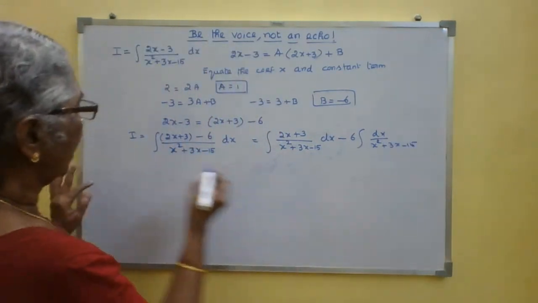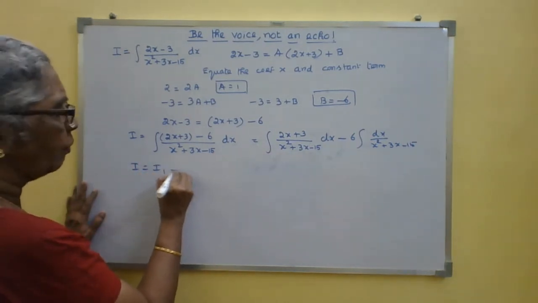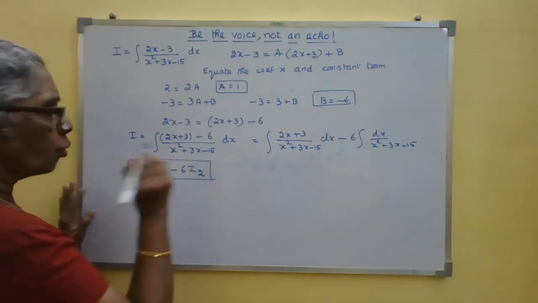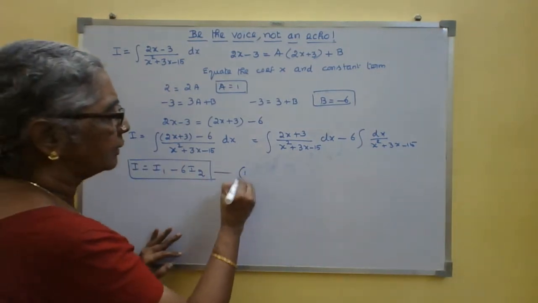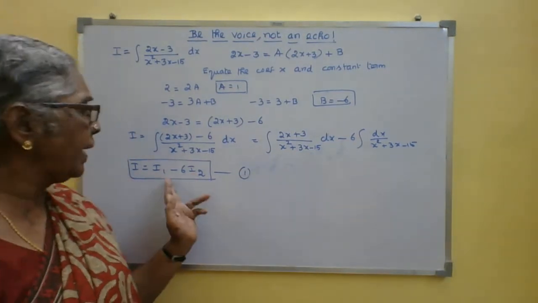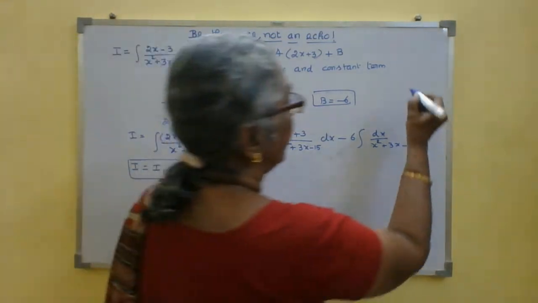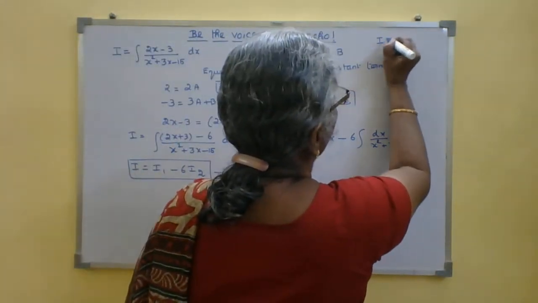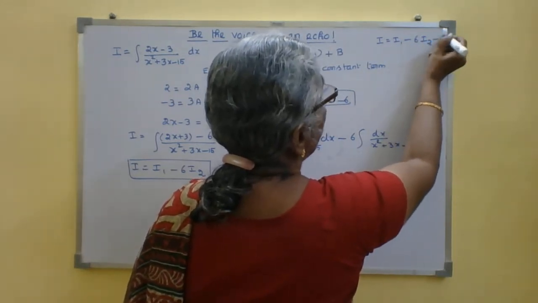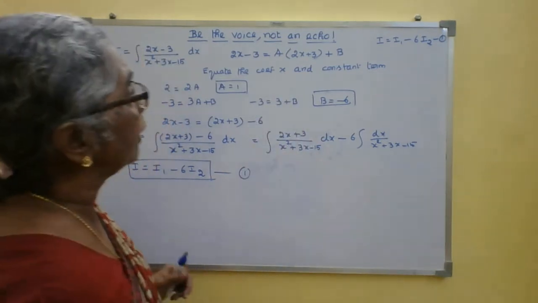So now your I is equal to, let me call this I1 minus 6 I2. So we have now split it into two integrals. This is my final step of the answer: I is equal to I1 minus 6 I2. Let us write it here because we need it for further reference. This is equation one, that is step 1 I have marked.